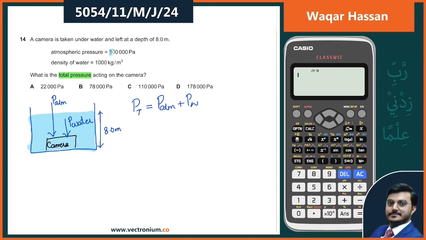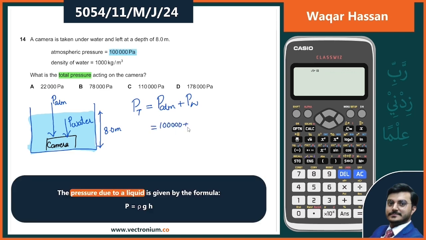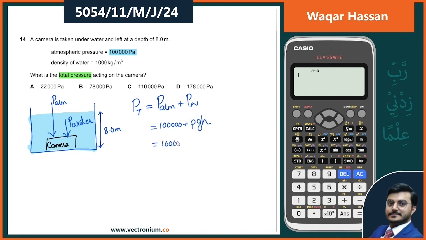Here the atmospheric pressure is 100,000 pascals and we can calculate the pressure due to water using the formula rho g h. Now 100,000 plus rho, which is the density of water, and it is given in the statement and its value is 1000 times 9.8 times 8 meter. Now we can calculate it using a calculator.